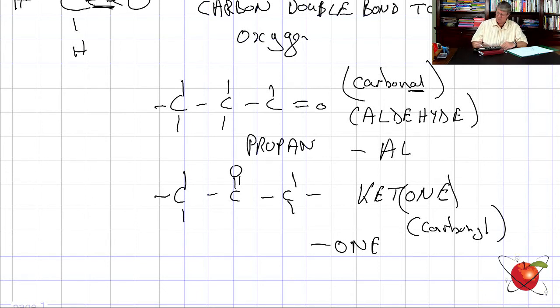And this one is a ketone, propanone. Hexanal, propanone. Propanone, because it's a ketone. Because you can't have propaone, so they put an N in it to make it read right.